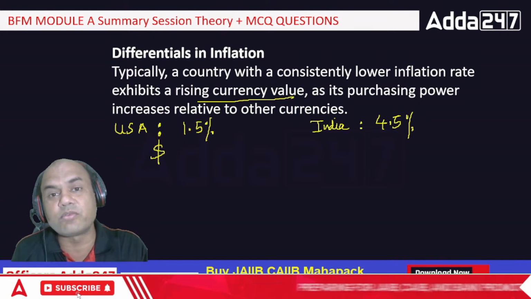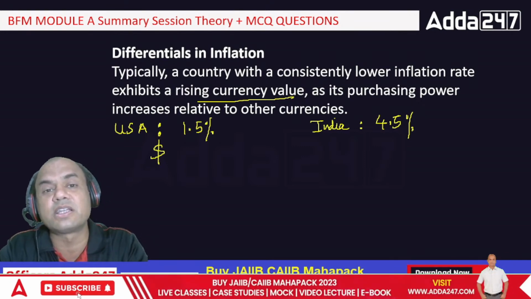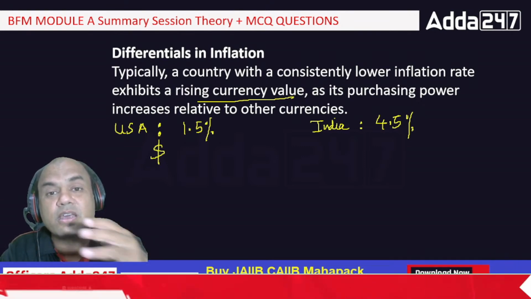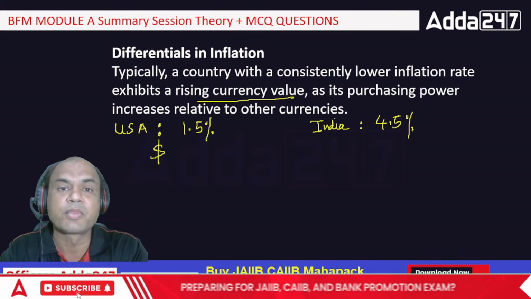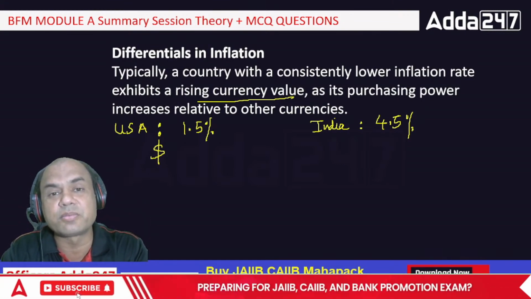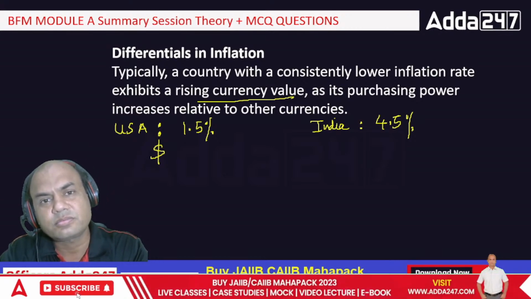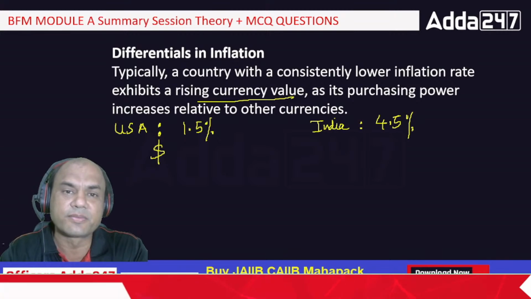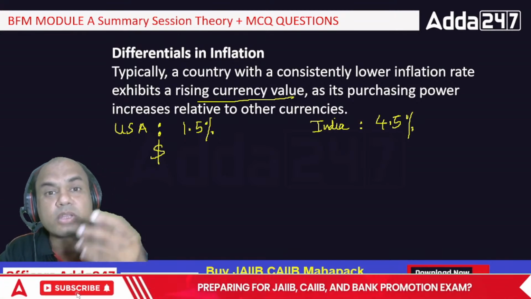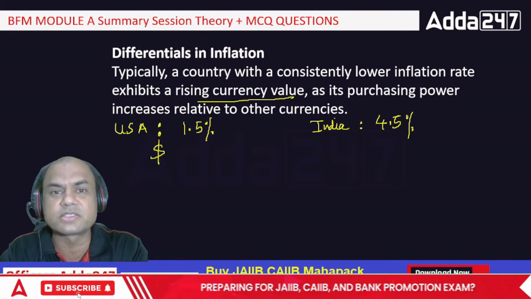Remember, there was a time when Indian inflation was 9%, 11% constantly for almost 1 or 2 years. What is the inflation rate in Pakistan right now? More than 30%. Inflation rate in Sri Lanka is more than 30-35%. Everything is gone.